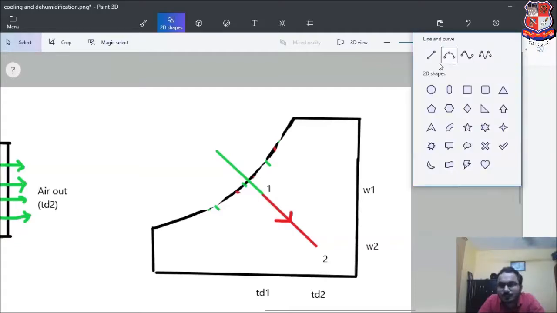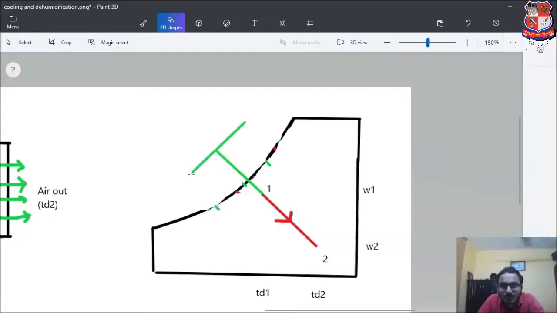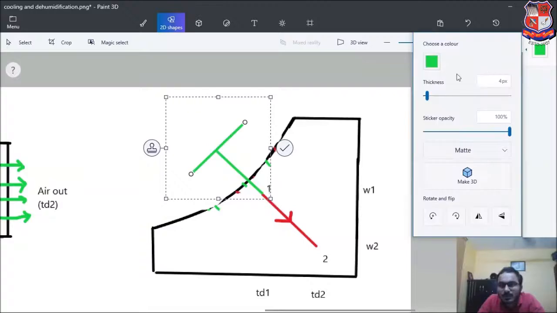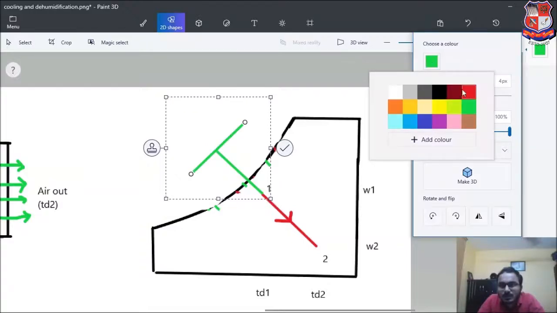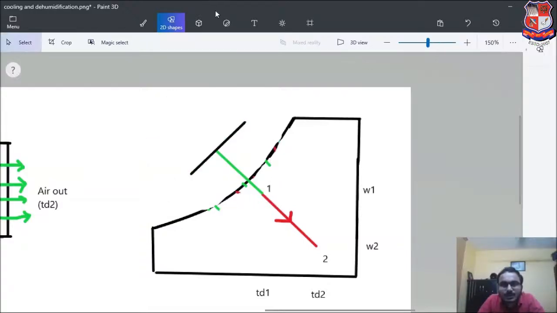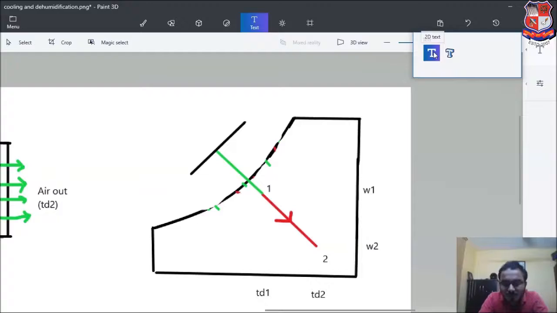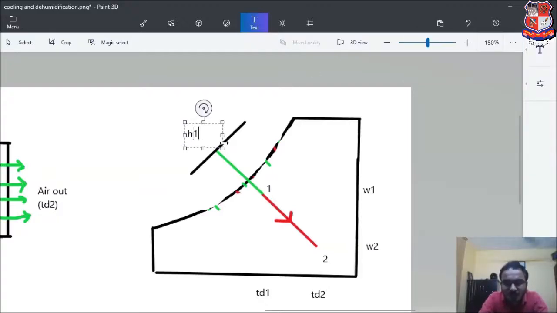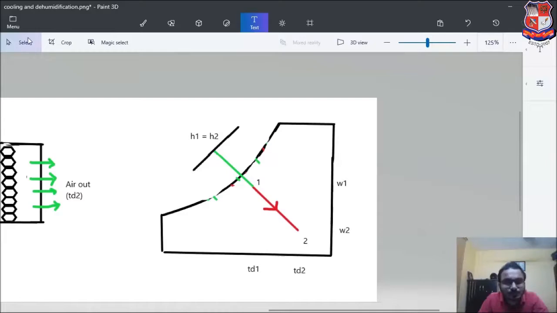And here this will be our constant enthalpy line. So what we can indicate here is, during this process H1 is equal to H2. So we can copy this now.